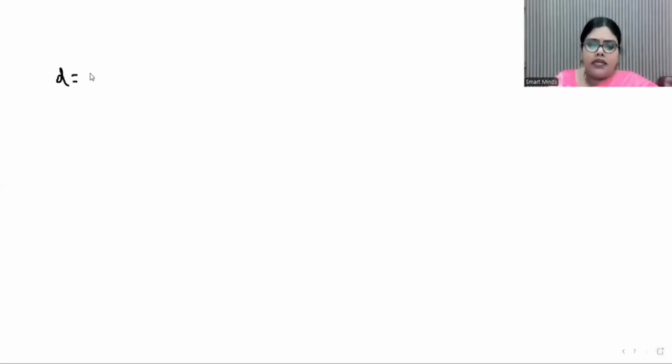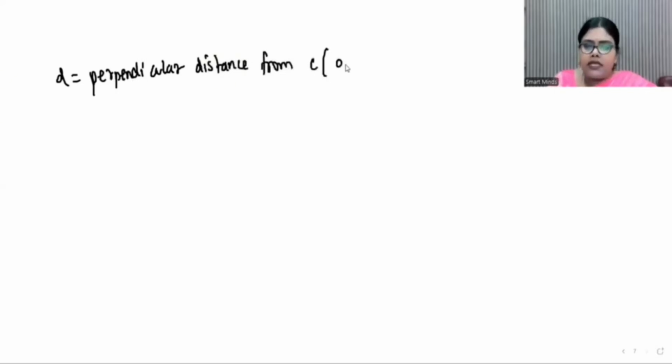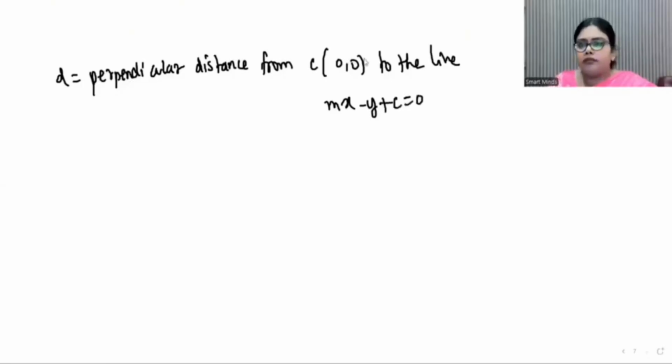Now d is equal to perpendicular distance from center 0, 0 to the line mx minus y plus c is equal to 0. So this is the line equation. Now what is the formula for perpendicular distance?